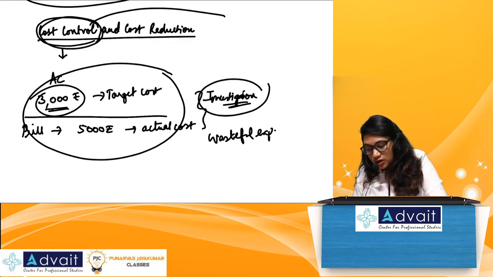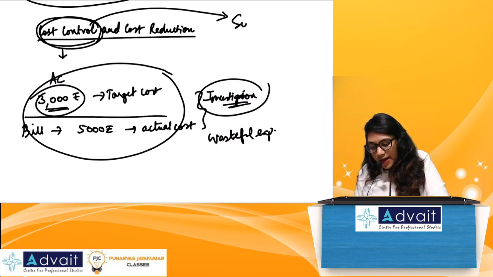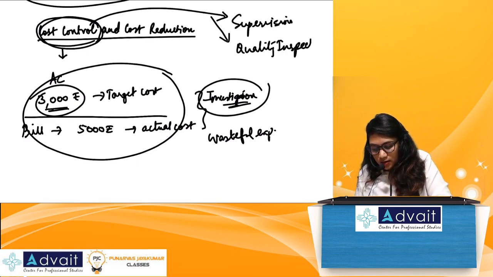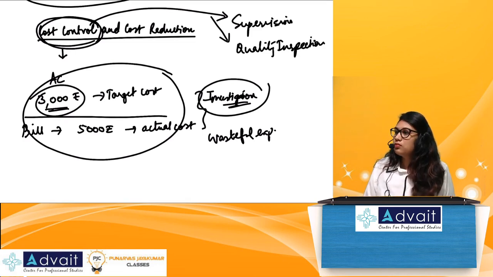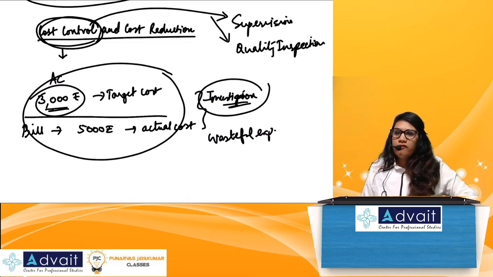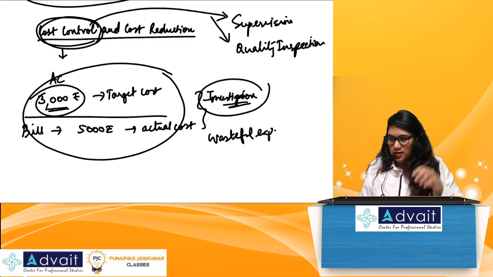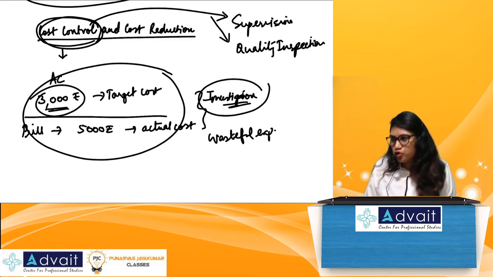And cost control can be achieved by supervision. It can be achieved by quality inspection. So every time in an organization, if we look at one department, target costs are fixed, then those target costs are compared with actual costs.